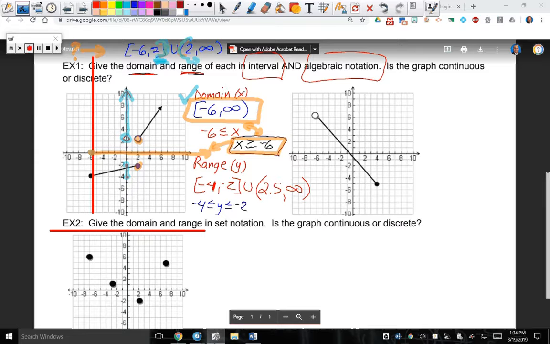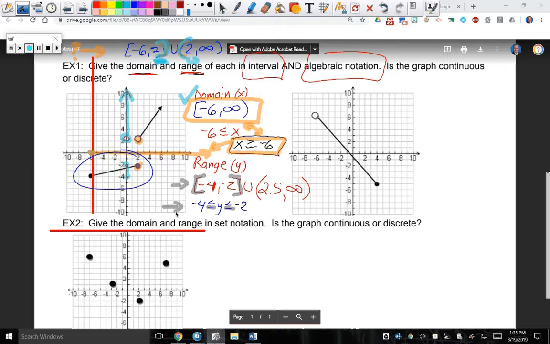So this right here, we just accounted for this small piece right here. Okay, from -4 up to -2, y's do exist. Notice how we have the equal sign because there's brackets. Okay, it means they're touching. So again, if you have these equal signs, they're going to be brackets. So that's the difference between interval notation and inequality notation, or algebraic.